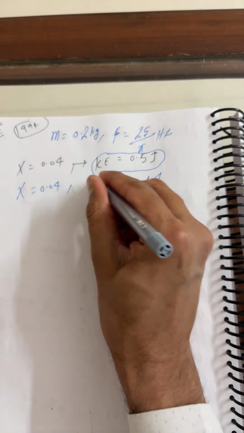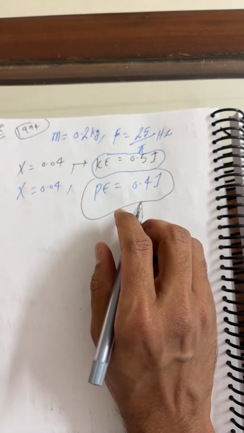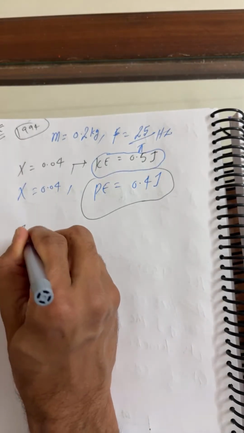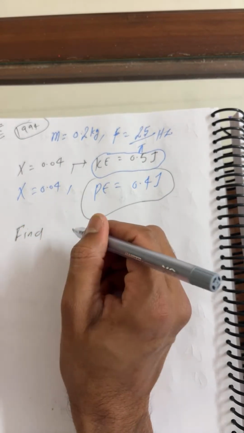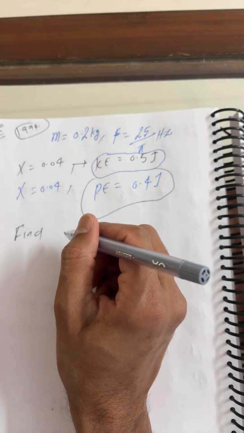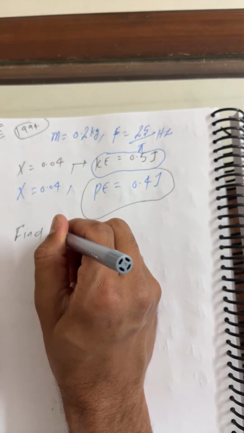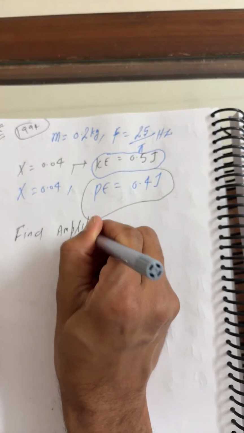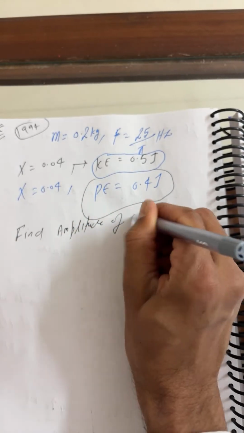You need to find the amplitude of SHM. They ask this question for 2 marks, students. Find the amplitude of oscillation.